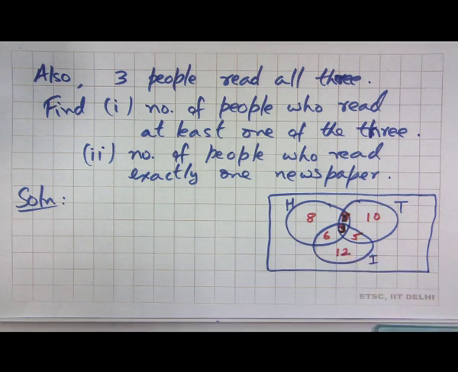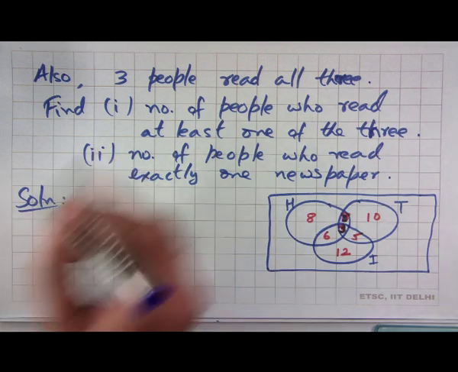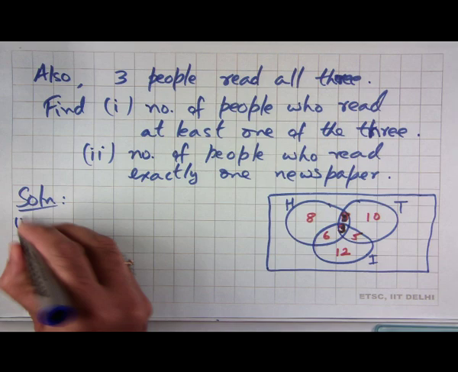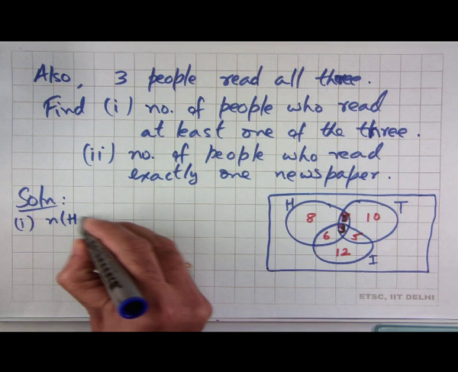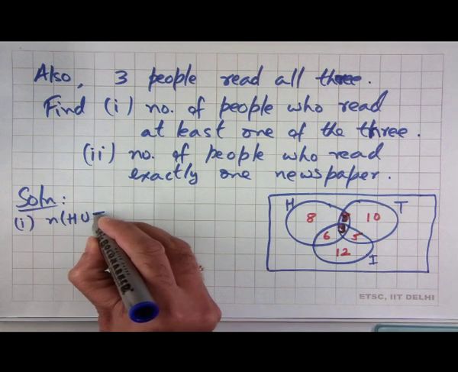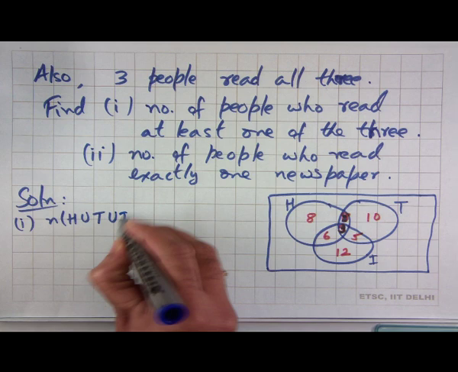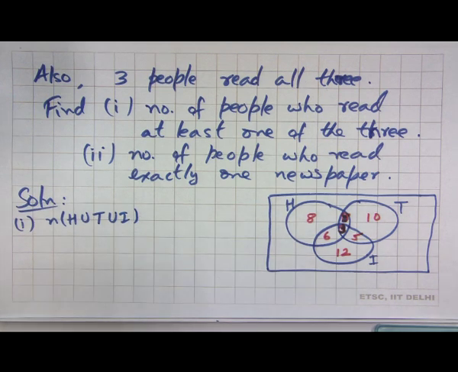Now, you can easily write what is being asked. So, the first one is the number of people who read at least one of the 3. Either you can use the formula, that means we want n of H union T union I. So, we are given n of H, n of T, n of I and n of the intersections.